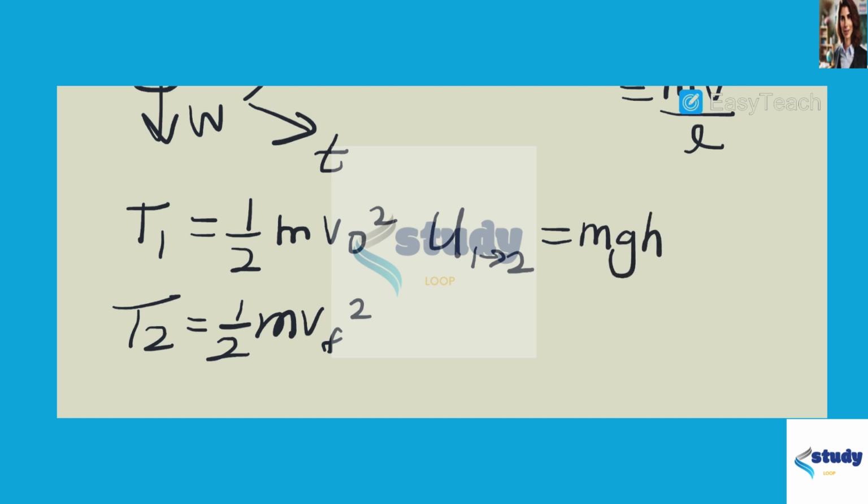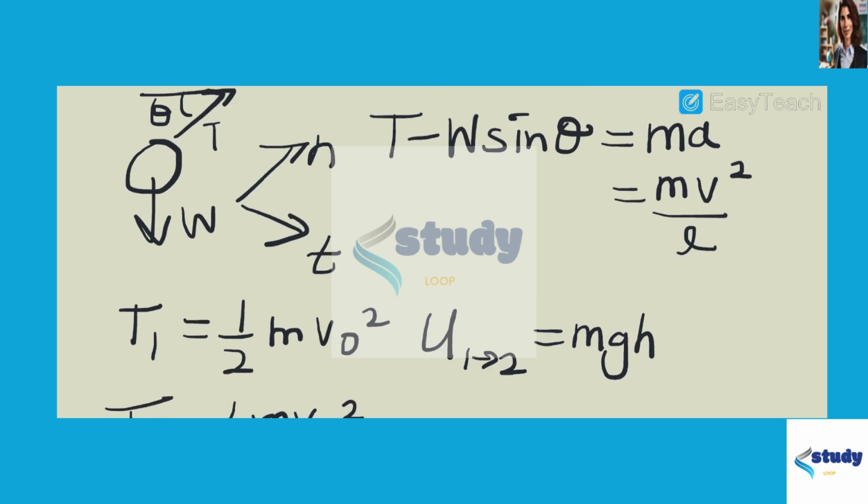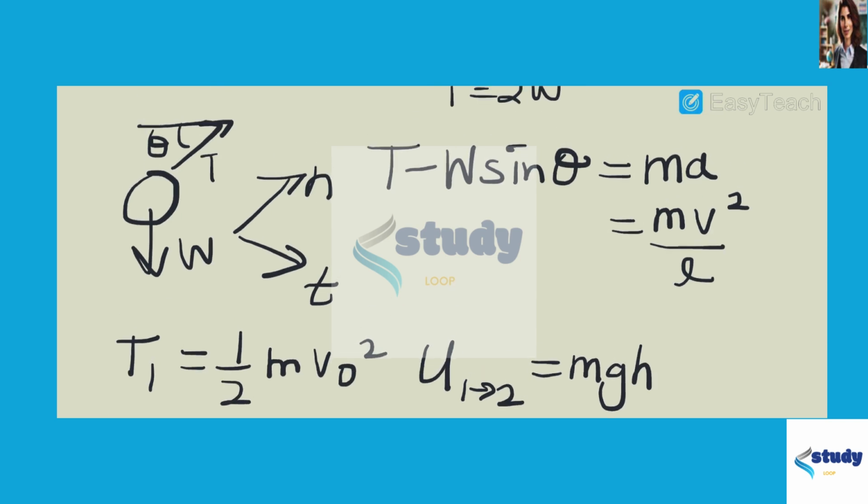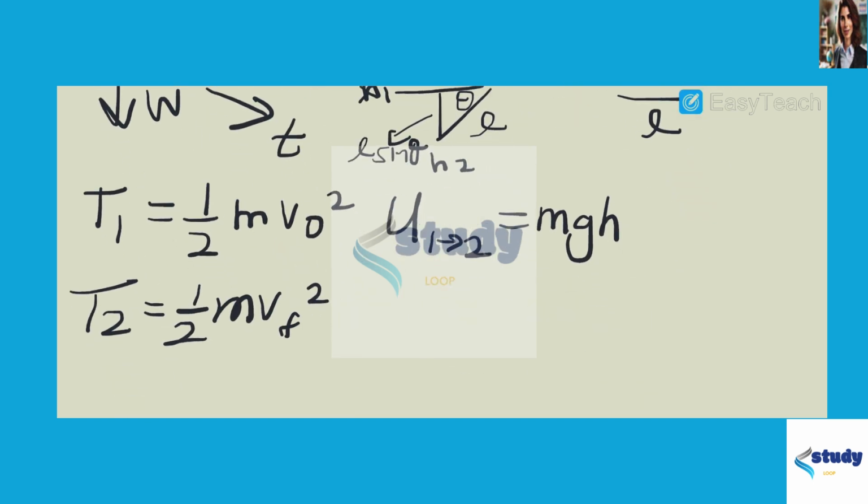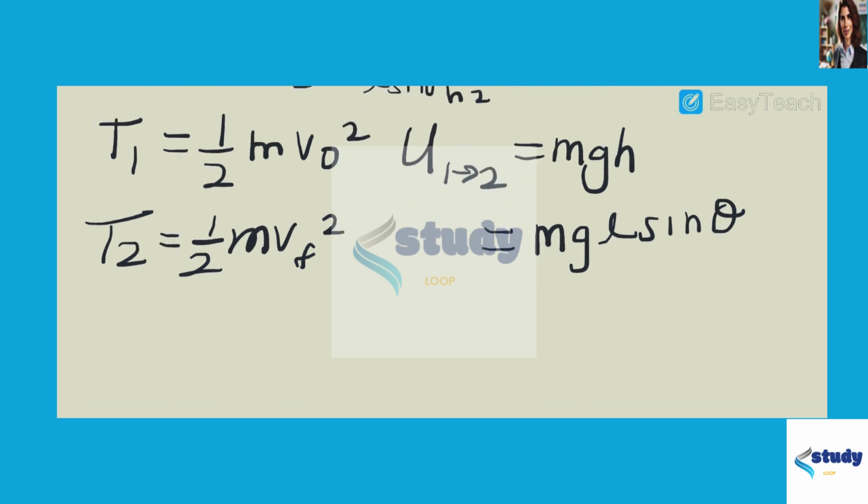Now remember, h we can write in terms of the length, and we can draw a simple triangle here where this is L, this is theta, and this will be h1, this will be h2, and this distance is simply L sine theta. So we can say from here that U from 1 to 2 is mgL sine theta.